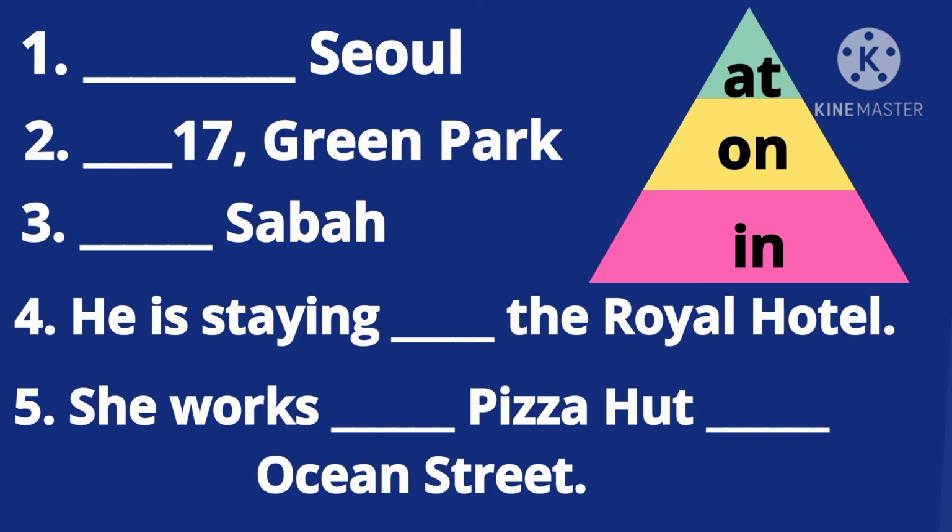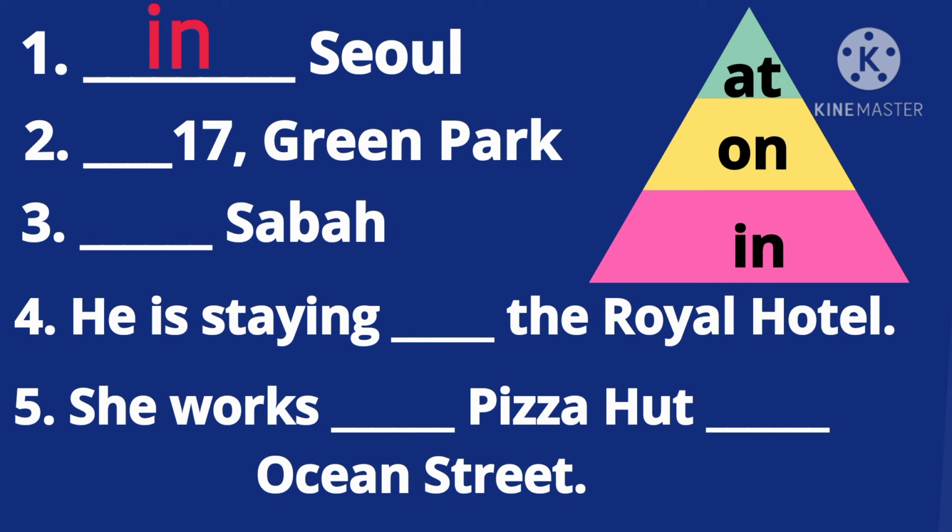Alright, so let's begin. Number 1, blank Seoul. What do we say here? Yes, it should be in Seoul. Why? Because Seoul is a city and it's a large place. So we say that for large places, we use in. Alright?